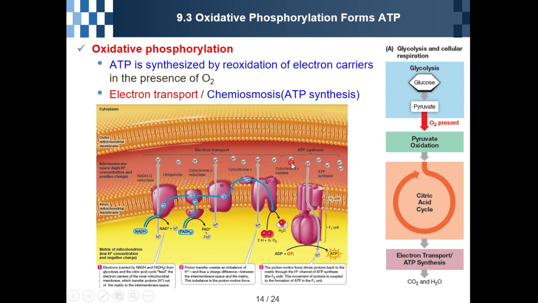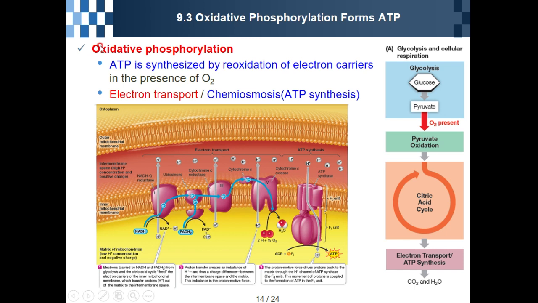The oxidative phosphorylation step, they are composed of electron transport and also ATP synthesis. Another name of ATP synthesis, we call it as chemiosmosis. Okay, this process, we call it as oxidative phosphorylation.